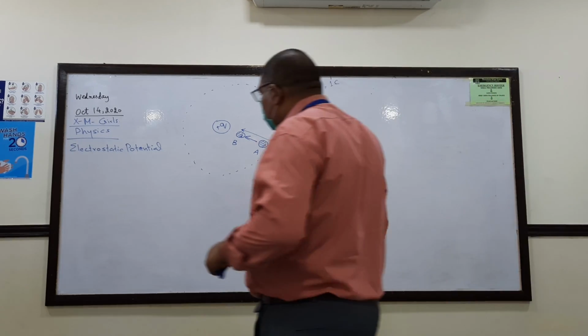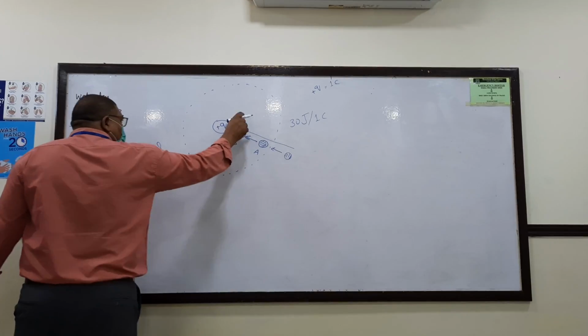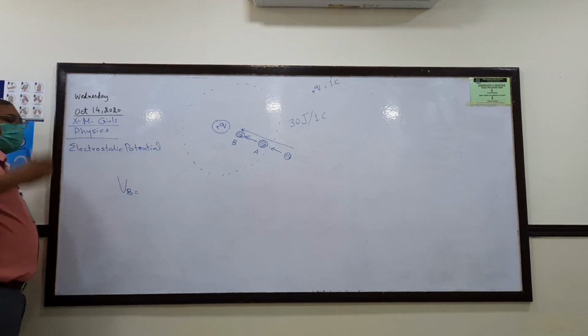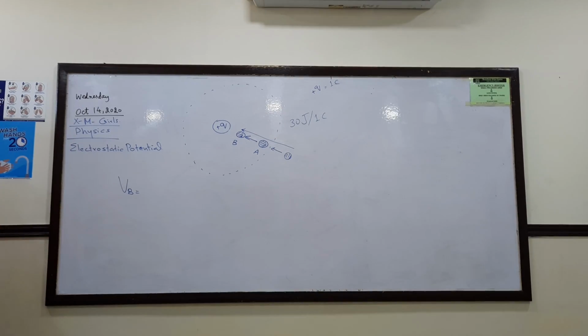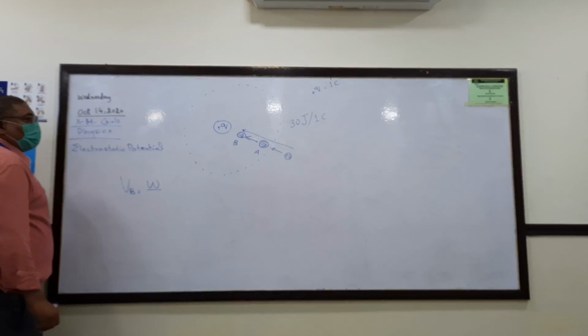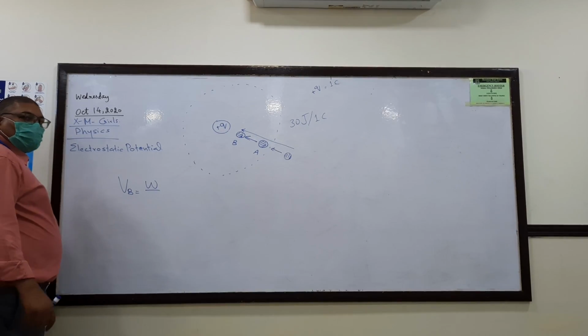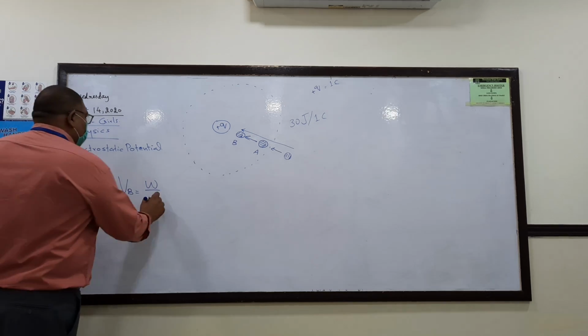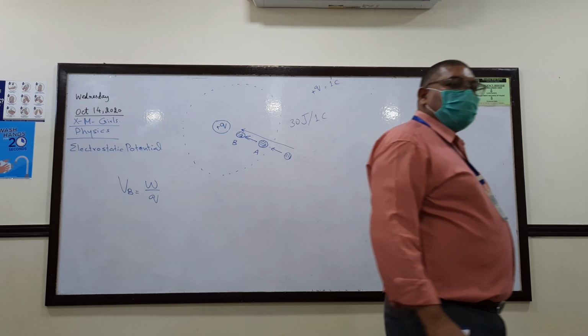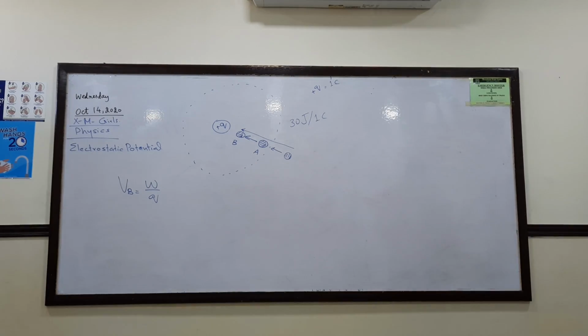If somebody asks what is the electric potential at the point B, it is equal to the work you did on the unit charge, work divided by Q. You understand this thing?